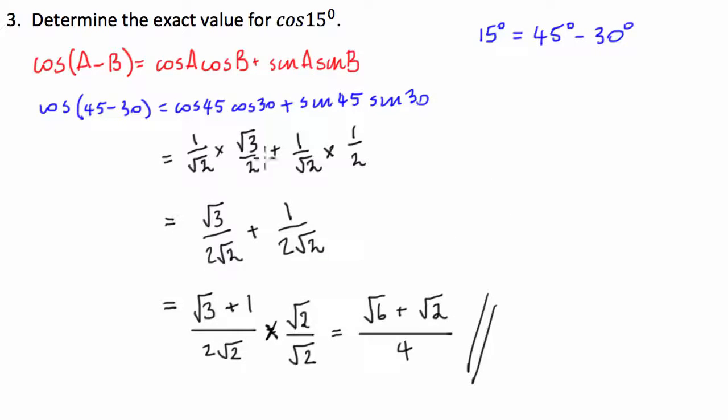Once we are aware of what the trigonometric identity is that we'll need to use to determine this, all we'll have to do then is make sure that we've committed these basic exact values to memory. There is an exact value table that you'll have to commit to memory. I would advise you need to know the exact values for the sine, the cosine, and the tangent of 0 degrees, 30 degrees, 45 degrees, 60 degrees, and 90 degrees.